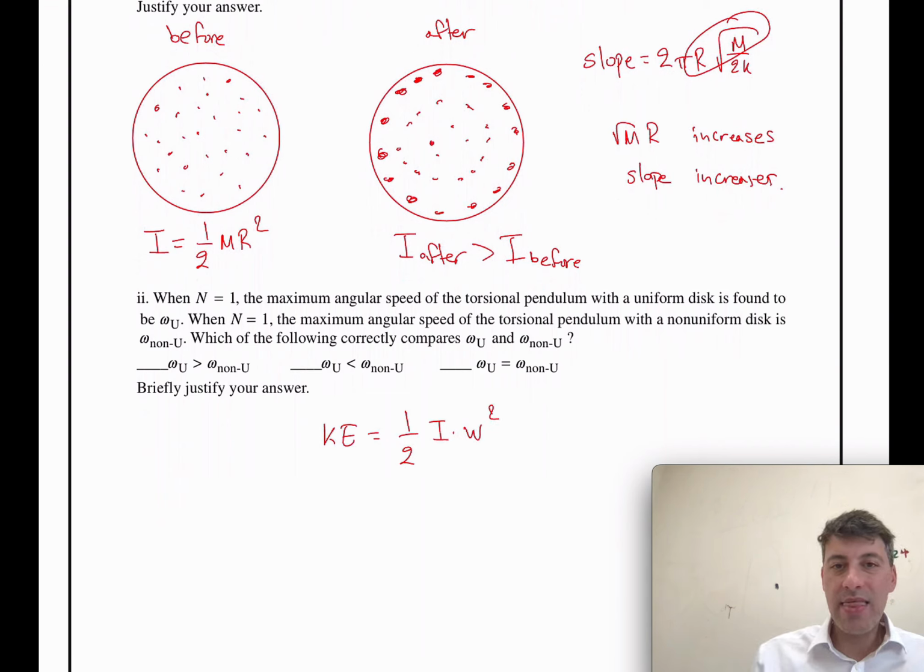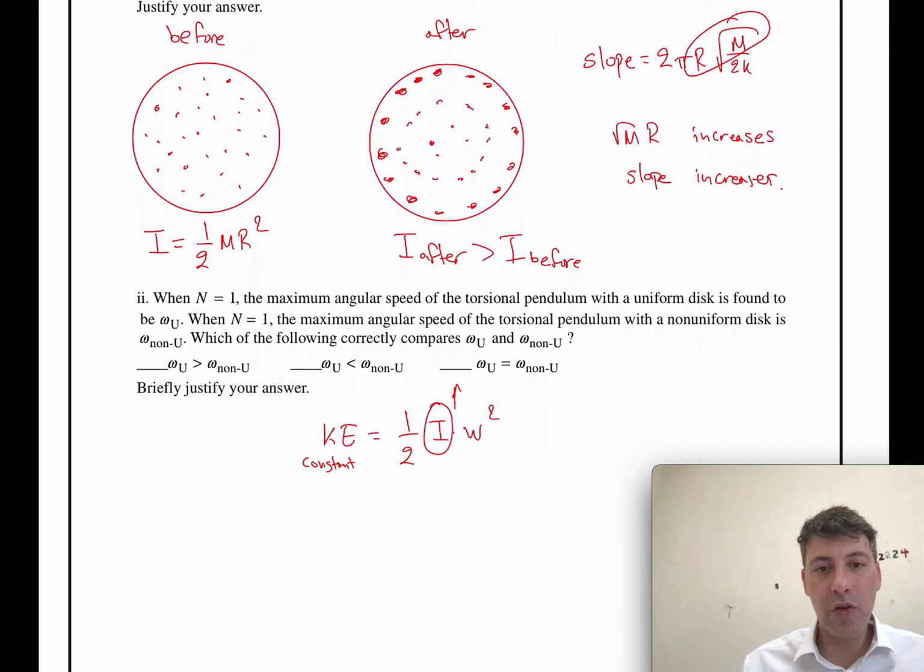So since the new non-uniform disk has a greater value of I, the moment of inertia, and the kinetic energy remains constant, it makes sense that the omega for the non-uniform will be smaller. So the best answer is the first one.